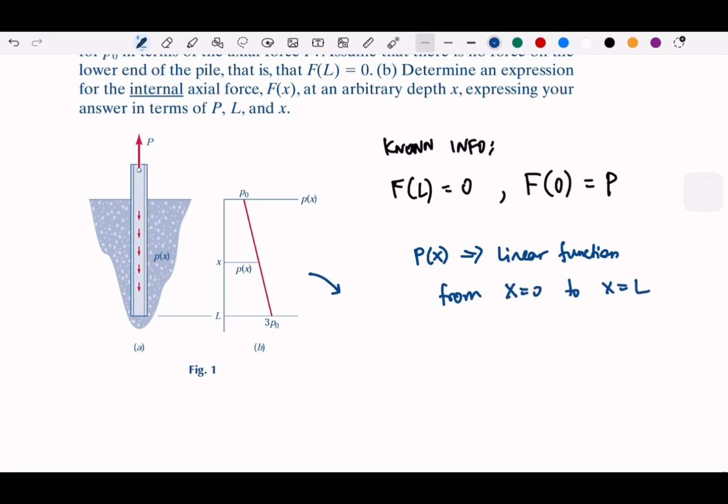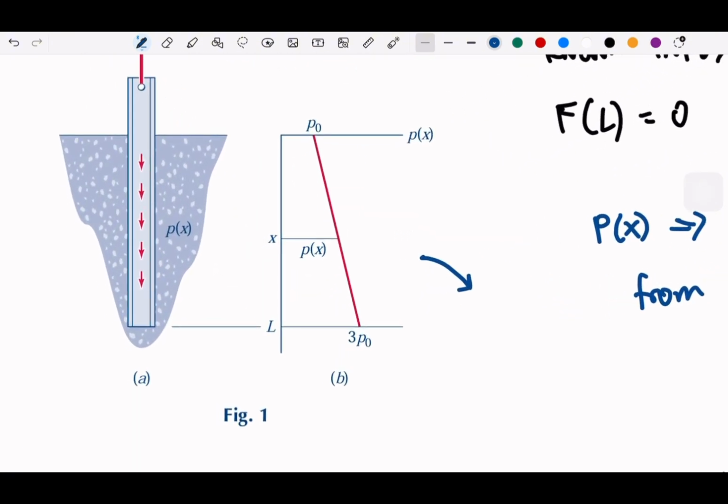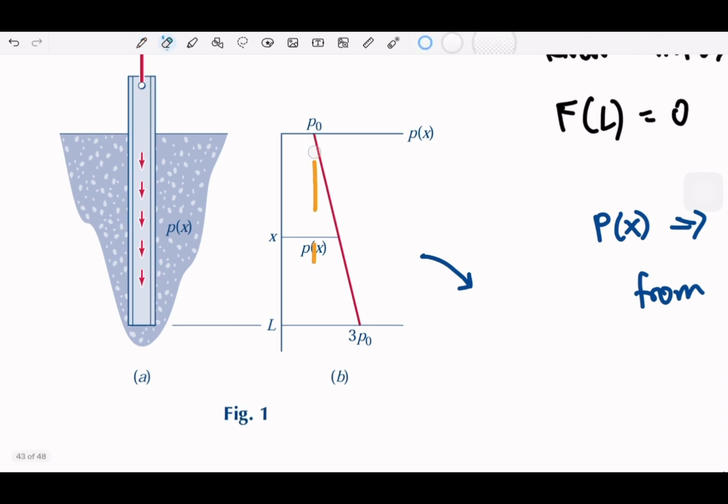So to find the linear equation, we just take the axis, x and bx. If you look here, if we take a vertical line to this point here, let me draw a triangle just to make sure that we are on the correct way.